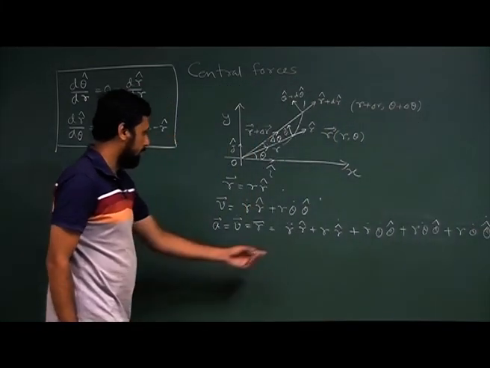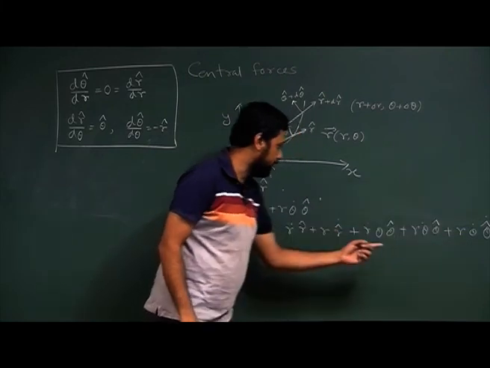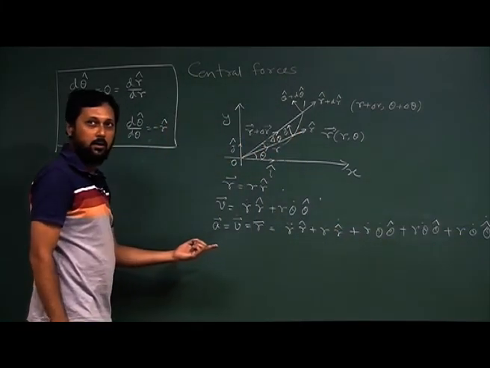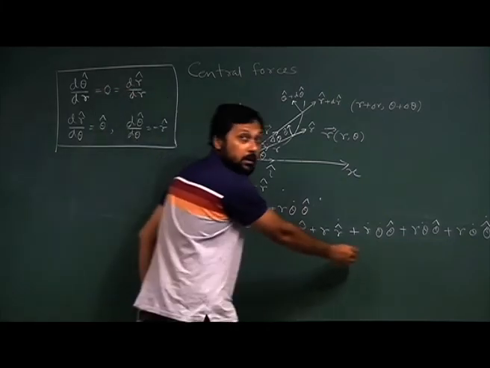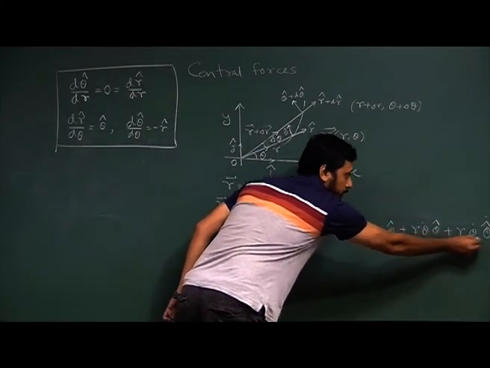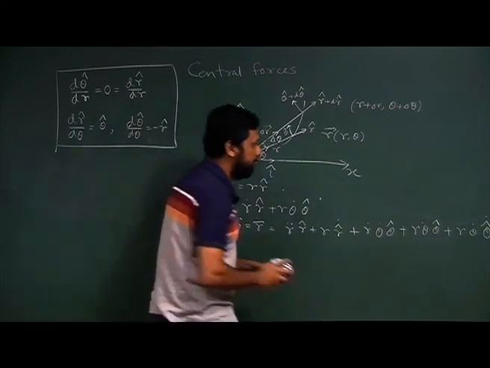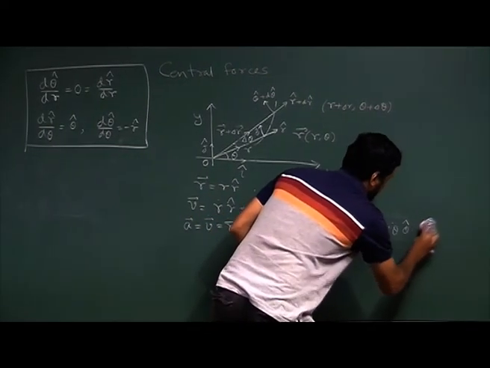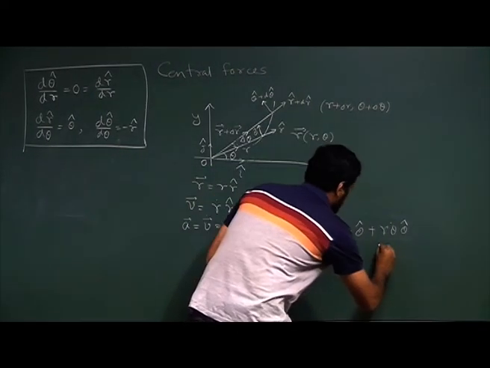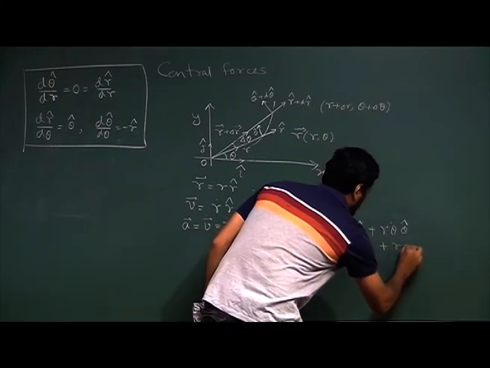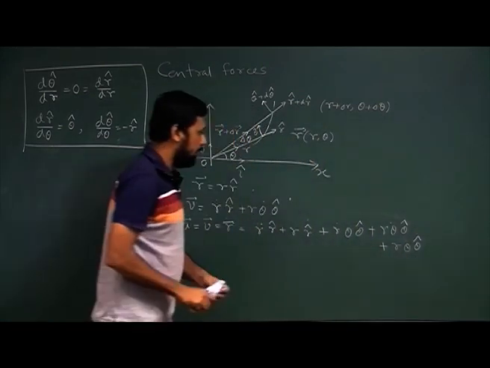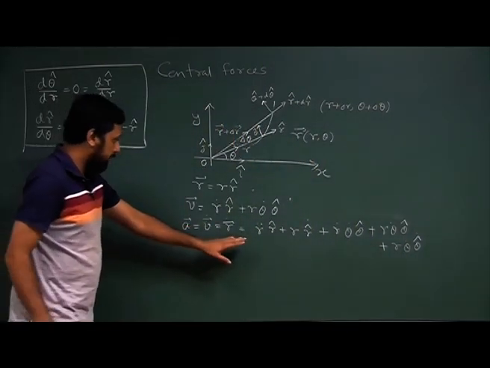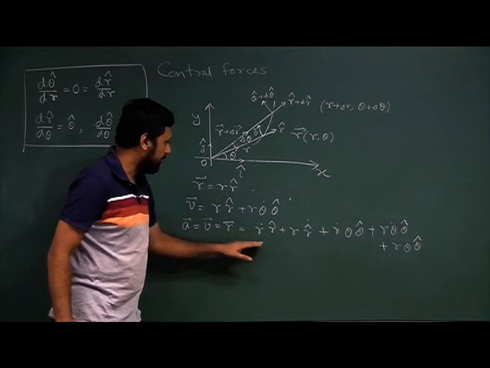So, we have 1, 2, 3, 4, 5 terms in this derivative. There is a theta cap dot term which is not visible here, so I will just write this term here. Theta cap dot. Now, I am leaving it to you as an exercise to simplify this.